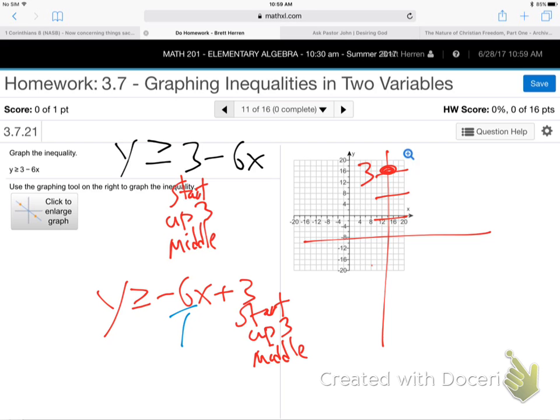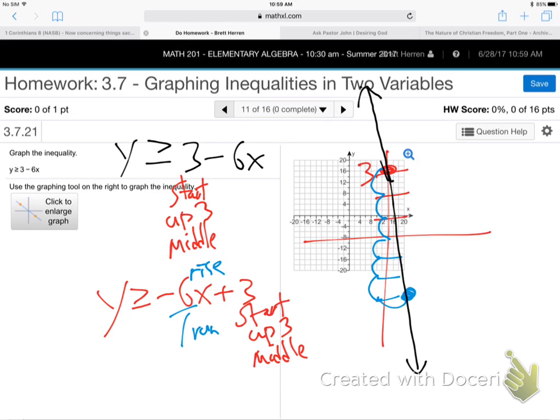Yeah, this is 6 over 1, so it's rise over run. So go down 6, 1, 2, 3, 4, 5, 6, over 1. There we go. Connect the dots. Good, like that. Well, my line's a little bendy, huh? There we go, a little better.